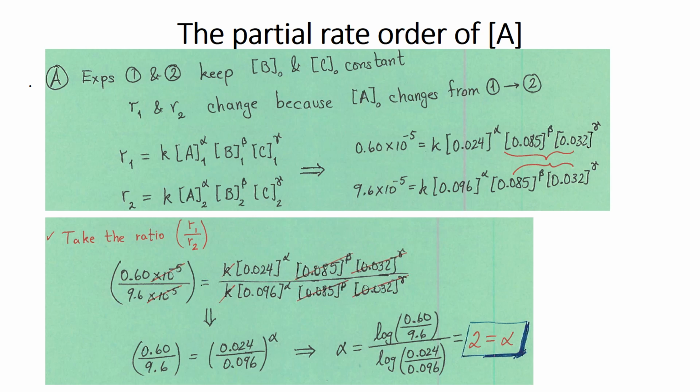K also cancels because it's always the same rate constant. Then I end up with this expression at the bottom. Now my task is to find alpha, so I take the log of the ratio of the rates divided by the log of the ratio of the concentrations. When I solve this equation, I end up with alpha equal to 2.